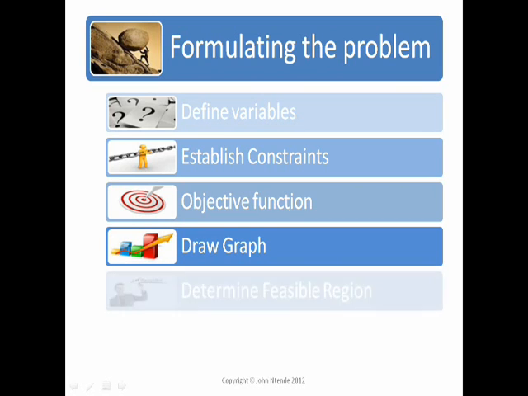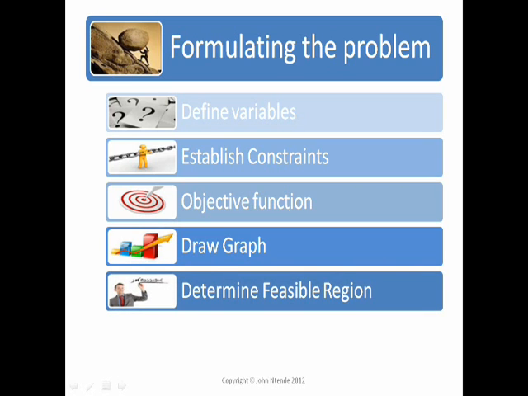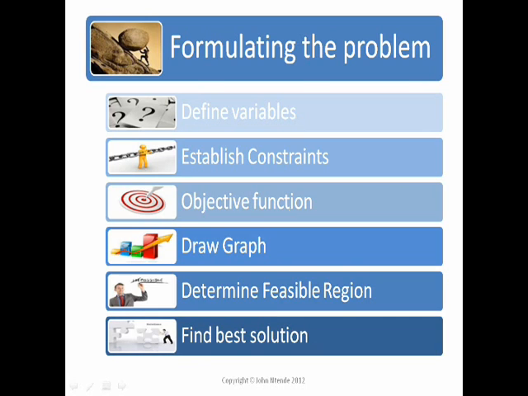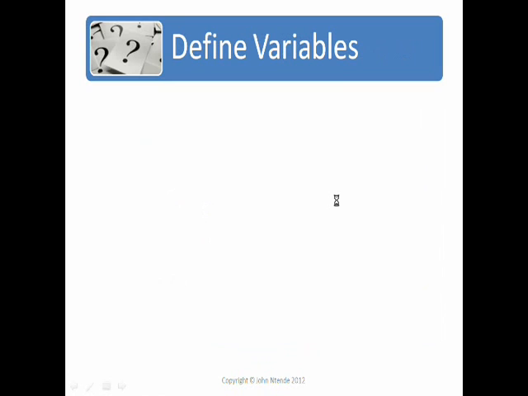After doing that, we determine the feasible solution. After determining the feasible solution, we now find the best solution. The best solution is the one which optimizes the objective function. So we need to find the best solution from the feasible solution, which optimizes the objective function. So the objective function is usually to maximize profit or to minimize cost. Okay, let's move on.